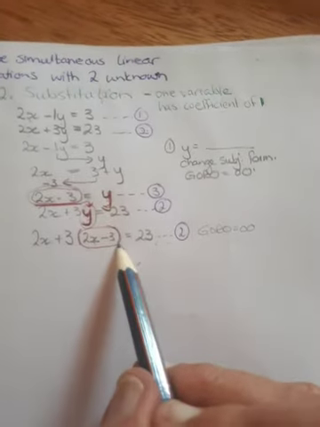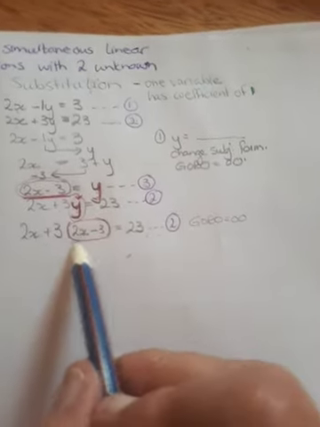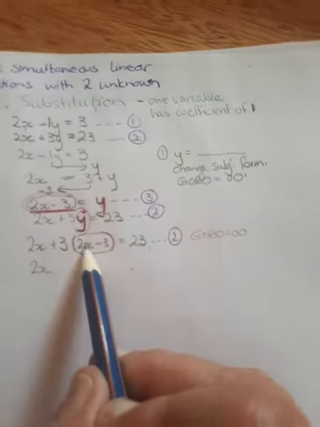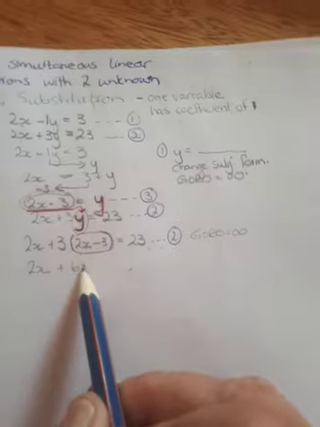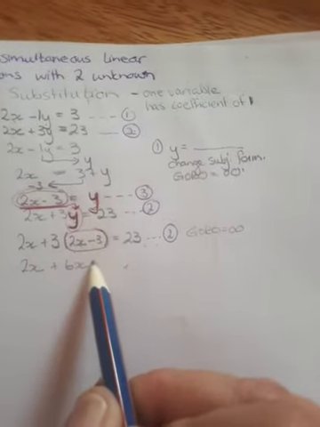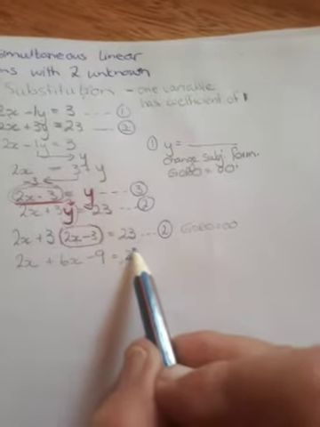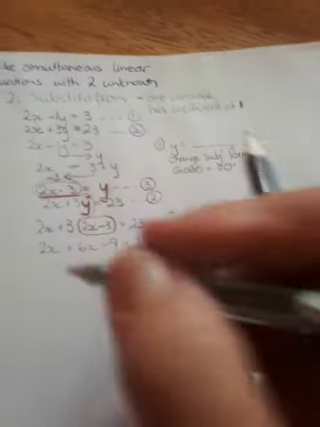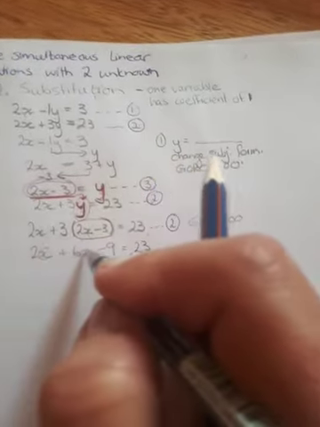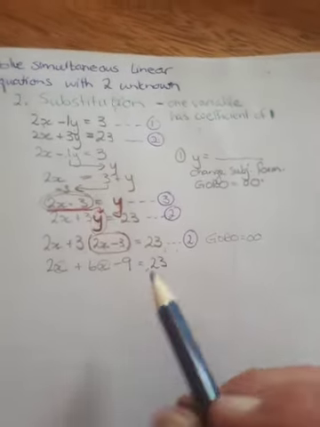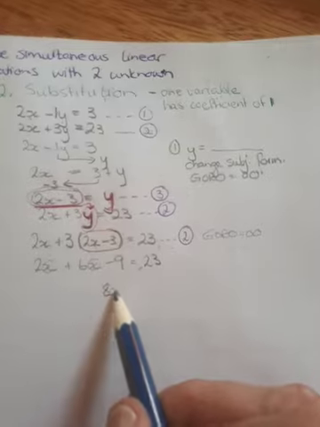But then, BODMAS people, we've got a bracket, so we must do that first. So we've got 2x, then 3 times 2x is 6x, and 3 times negative 3 is negative 9 equals 23. Now remember, we want to find the value of x. So 2x plus 6x is 8x.